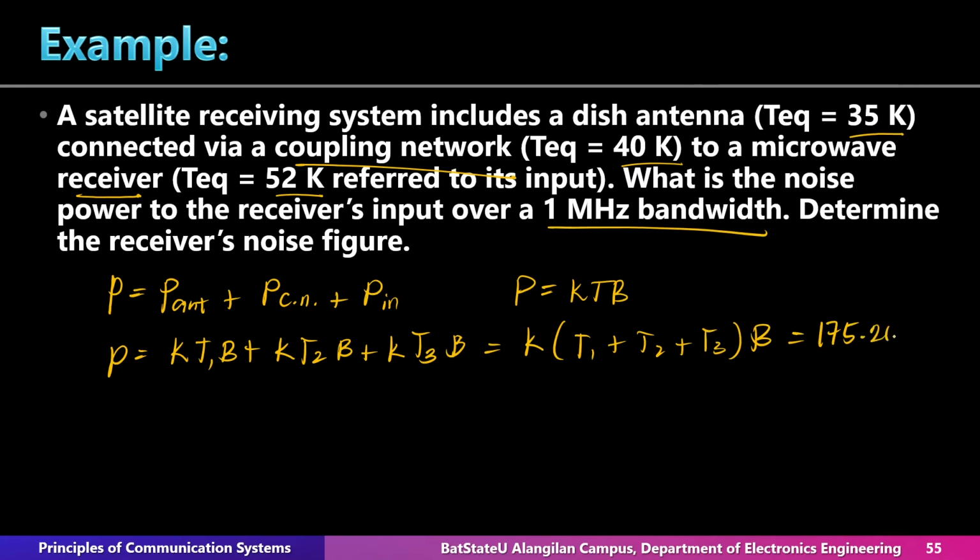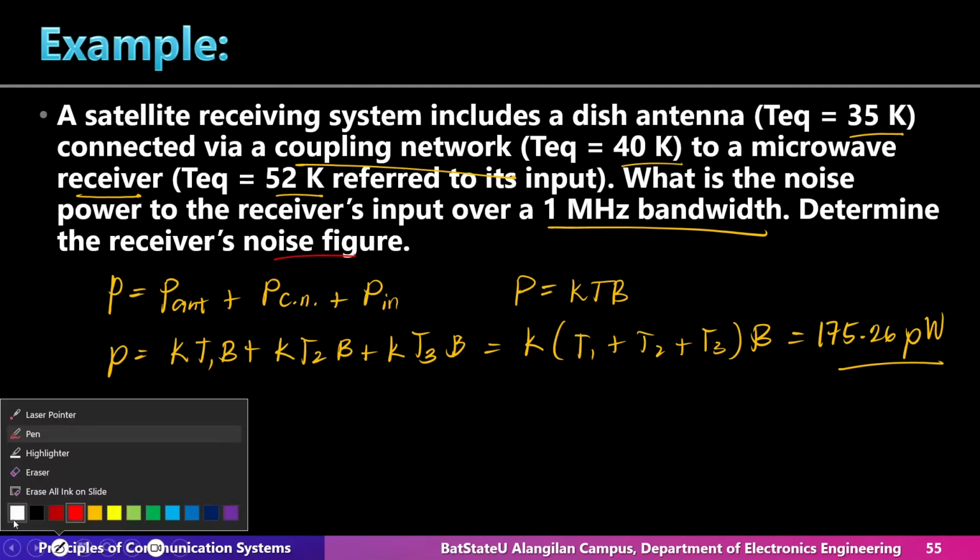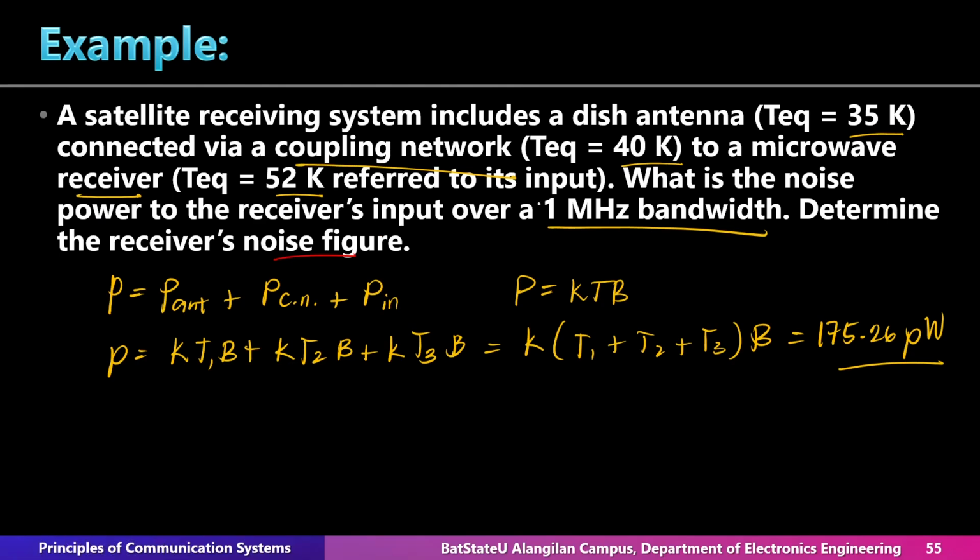175.26 picowatts. Ayan. So, that's the noise power at the input of the receiver. Next, ano naman daw ang noise figure? Alam naman natin guys, ang noise figure ay signal to noise ratio ng input minus signal to noise ratio ng output. Wala naman tayong ganyang details, diba?